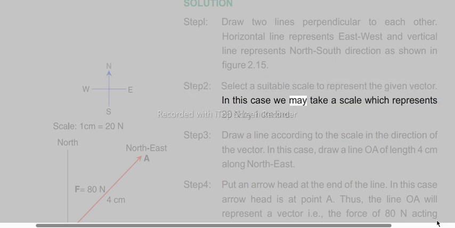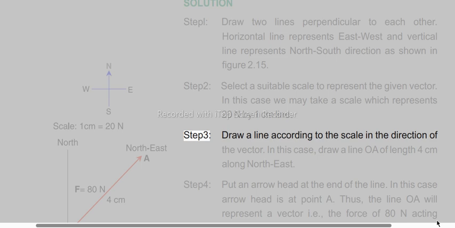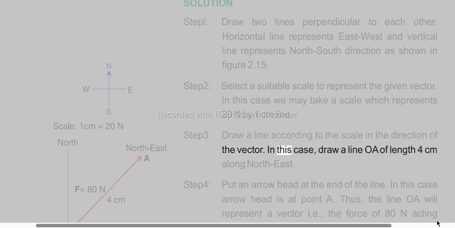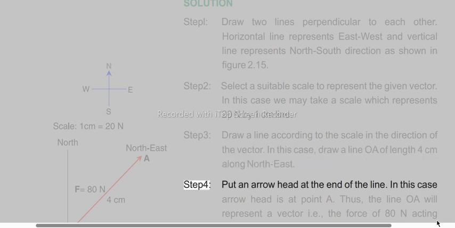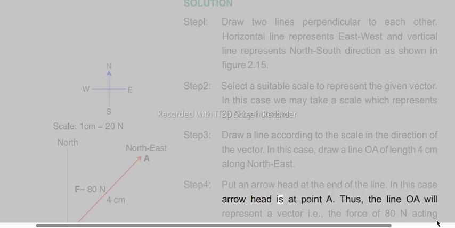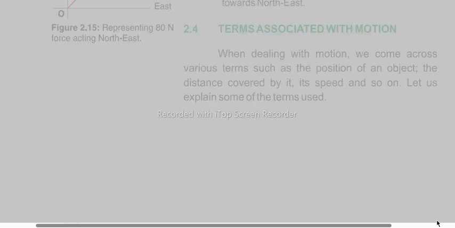In this case, we may take a scale which represents 20 N by a 1 cm line. Step 3. Draw a line according to the scale in the direction of the vector. In this case, draw a line OA of length 4 cm along northeast. Step 4. Put an arrow head at the end of the line. In this case, arrow head is at point A. Thus, the line OA will represent a vector, i.e., the force of 80 N acting towards northeast.